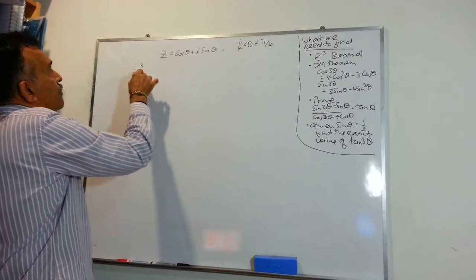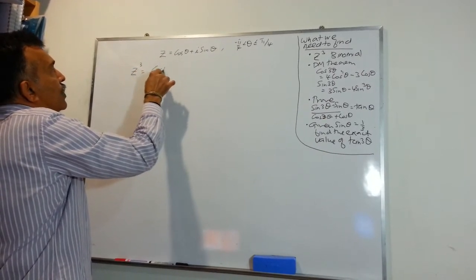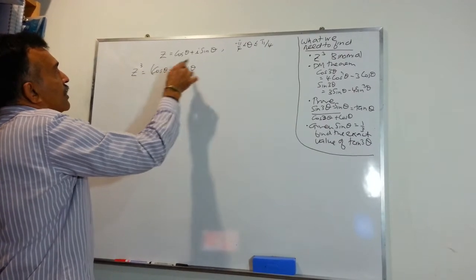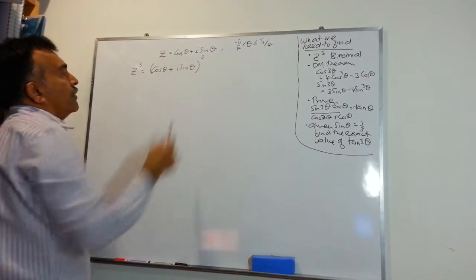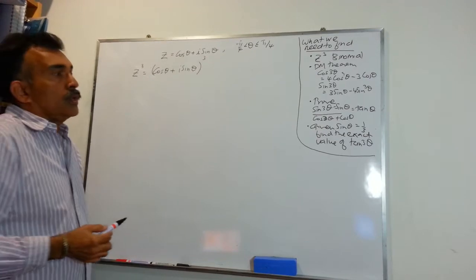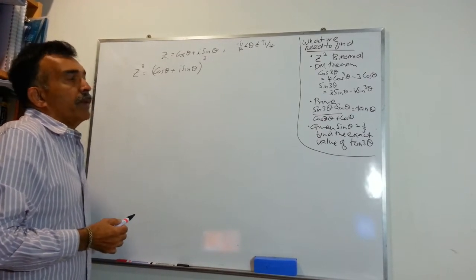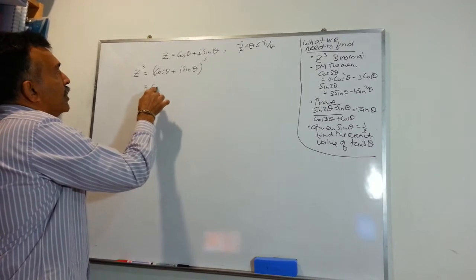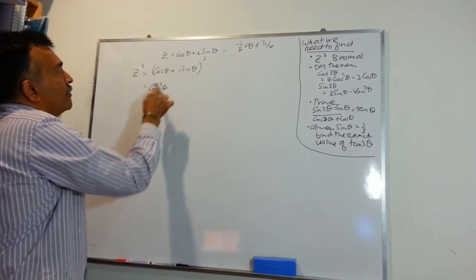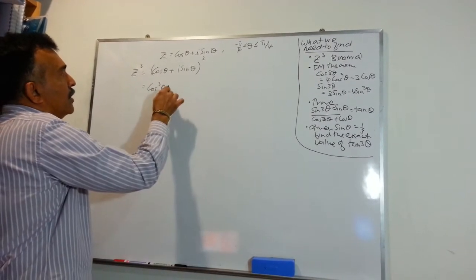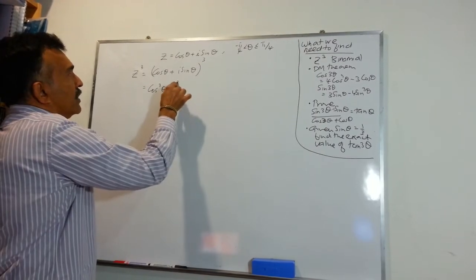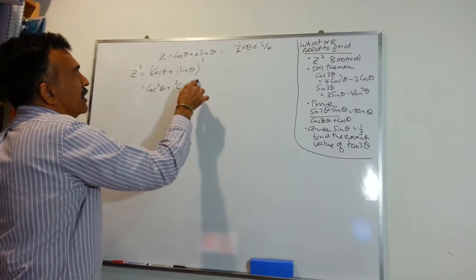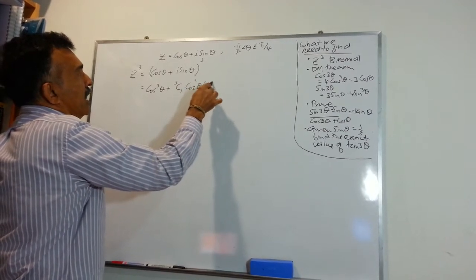z cubed will be equal to cos theta plus i sine theta, whole thing raised to the power of 3. So we're going to be using the binomial expansion. Let's start slowly. We will have cos cubed theta, first term, plus 3C1 cos squared theta and i sine theta.